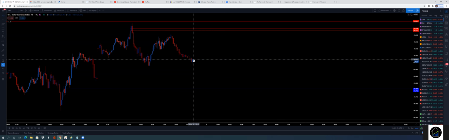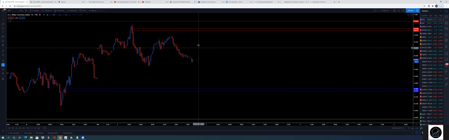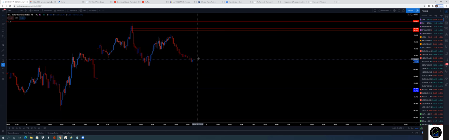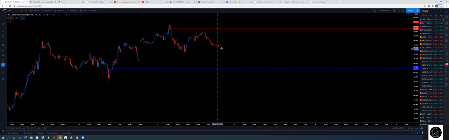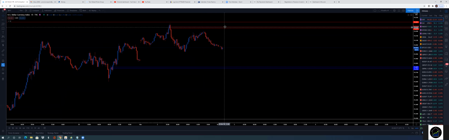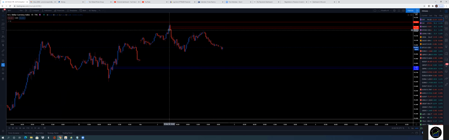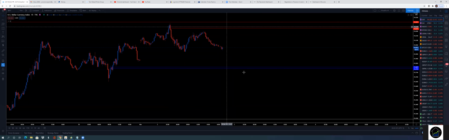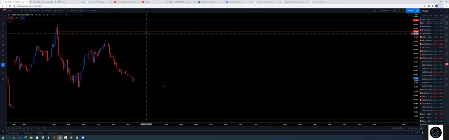So that's why patience is so important, because we gotta wait for the market to show us what it wants to do. So if the market comes here first and it can't break above this price level at this engulfing candle right here, then we'll take the sell to the downside.